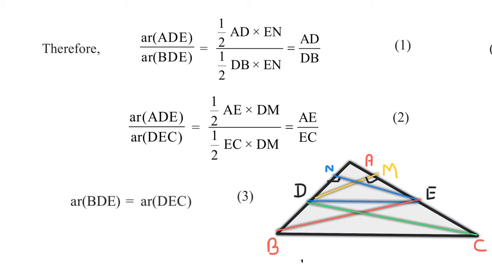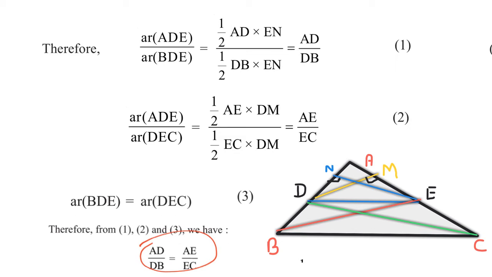From equation 1, equation 2 and equation 3, we can say that AD over DB is equal to AE over EC.